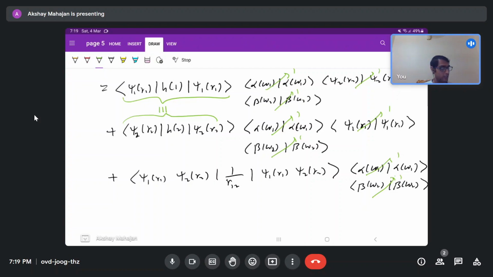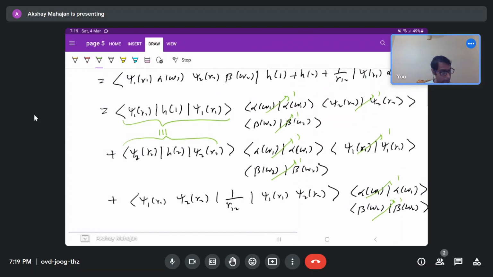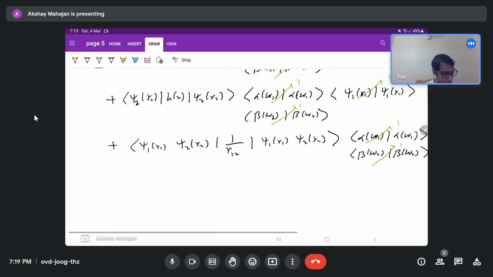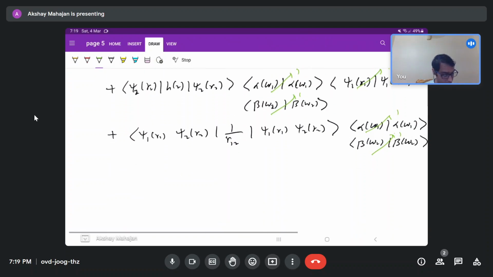So you can just write it as integrating over r. But we have psi1 and psi2, which might be different, so that might give different energies.